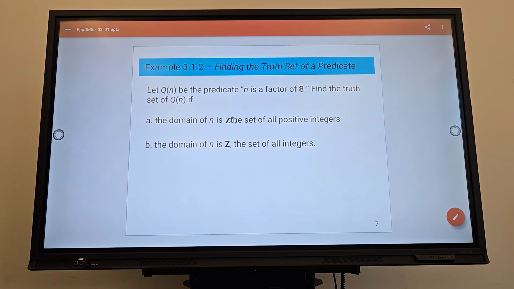The truth set of Q would be 1, 2, 4, and 8 for positive integers, and that plus minus 1, minus 2, minus 4, and minus 8 for the set of all integers.